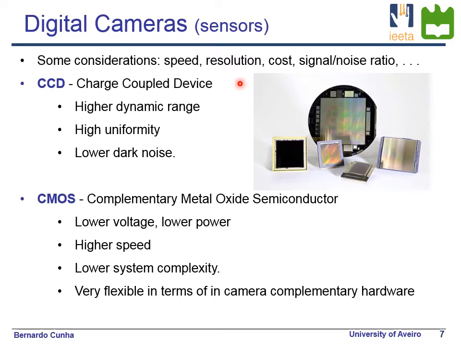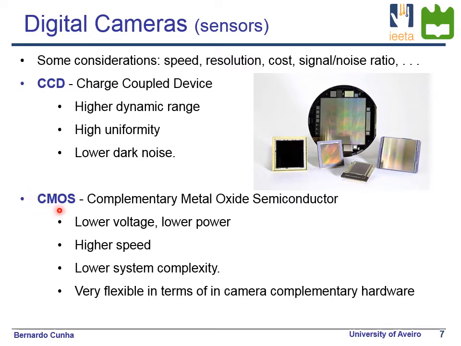There are currently two main technologies that can be used. One is called CCD, for charge coupled device, and the other one is called CMOS, for complementary metal oxide semiconductor. Basically, the differences among those are from the technological point of view, that is from the electronic point of view.